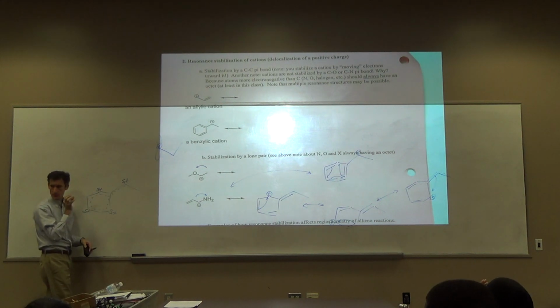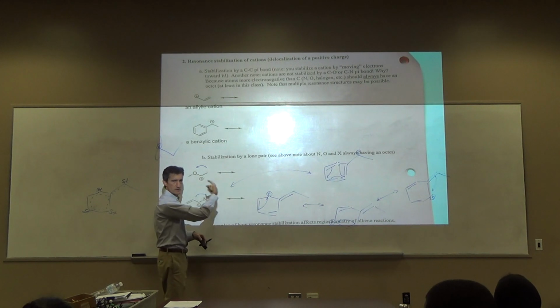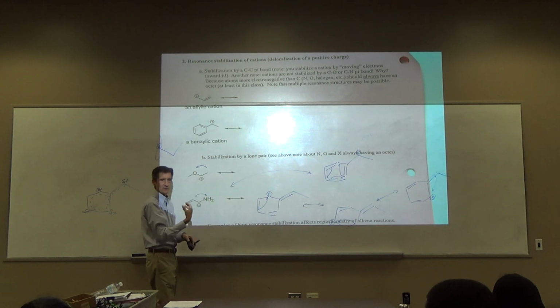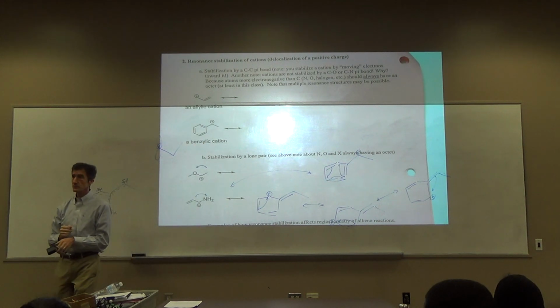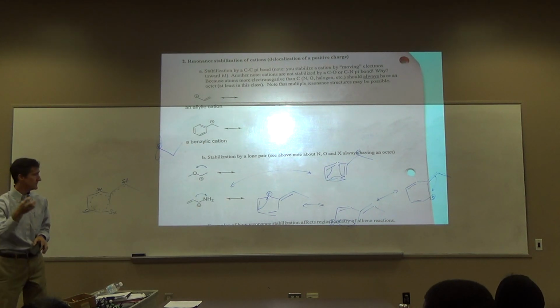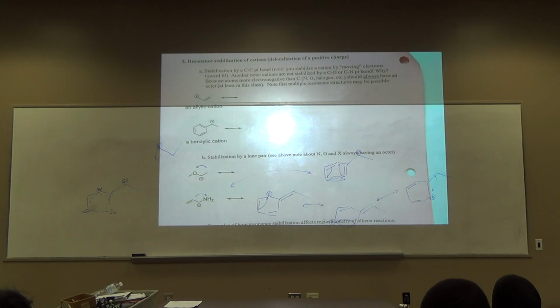That one. There's actually a little bit more positive there because of the structures that contribute to that, which one is kind of better and thus is going to contribute more? That one. And if that one contributes more, you're going to get more positive on that benzylic carbon. Okay? That's what your major contributor is. A major contributor is contributing more to the hybrid.